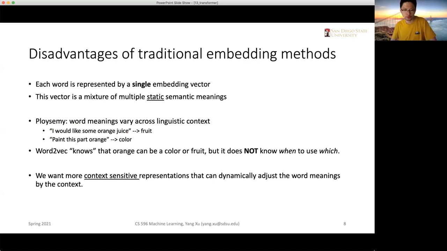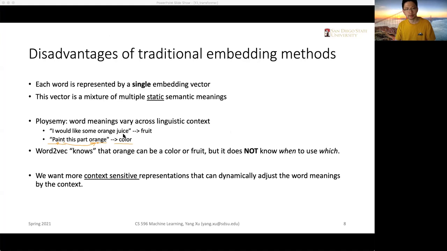We hope the model will be able to dynamically adjust the word meanings by the context it reads. When the model reads the word paint, for example, it should be able to adjust the embedding for orange so that it's tuned towards a vector that represents the color meaning.